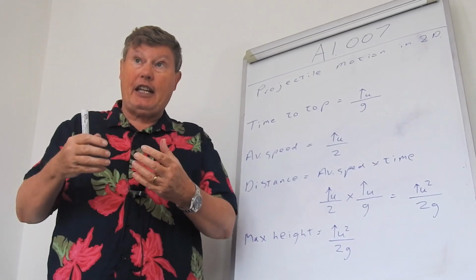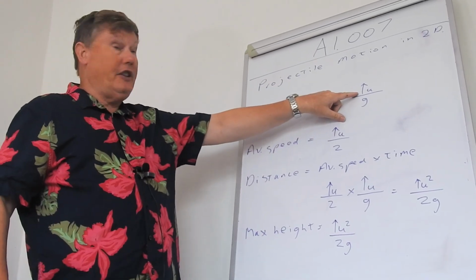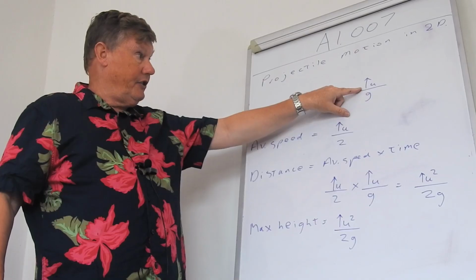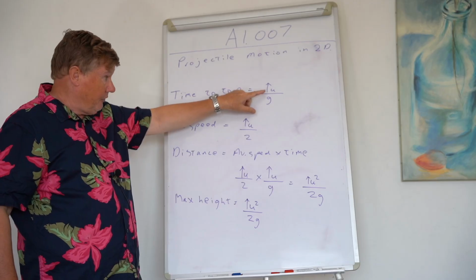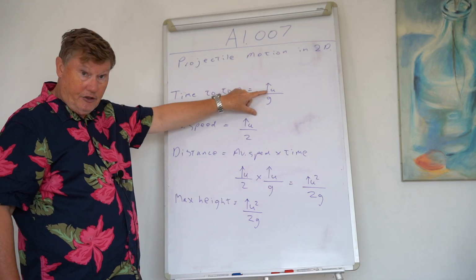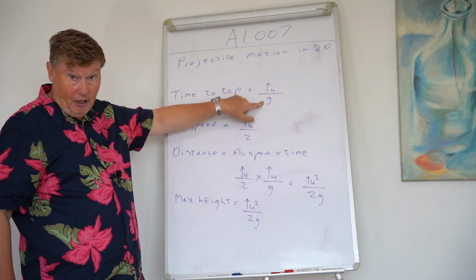So the time it will take to stop when it's at the top will be its initial vertical velocity. So I'm going to be using U with an arrow going up. So it's the vertical component of its initial velocity divided by G. And we're going to be using 9.8 for G.